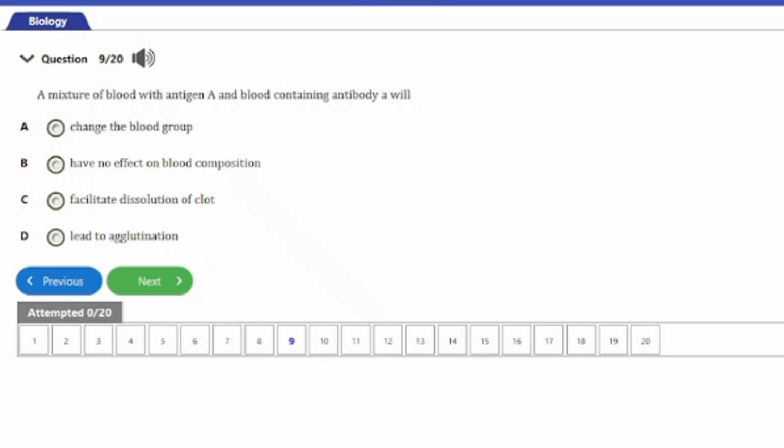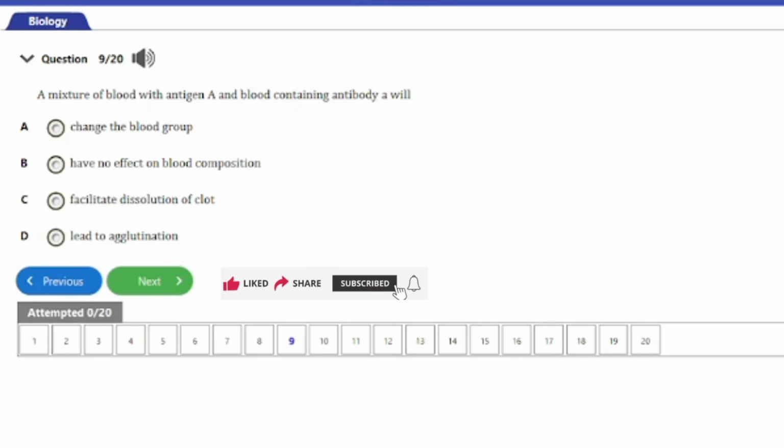Question number 9 here. It says, a mixture of blood with antigen A and blood containing antibody A will A, change the blood group, B, have no effect on blood composition, C, facilitate dissolution of clots, D, lead to agglutination.